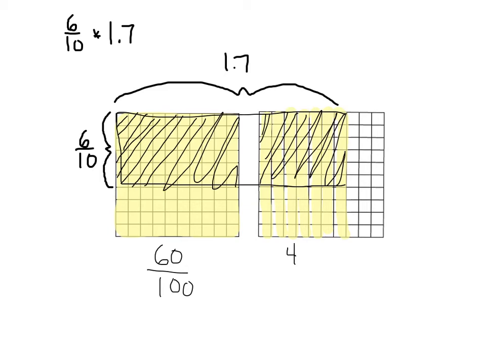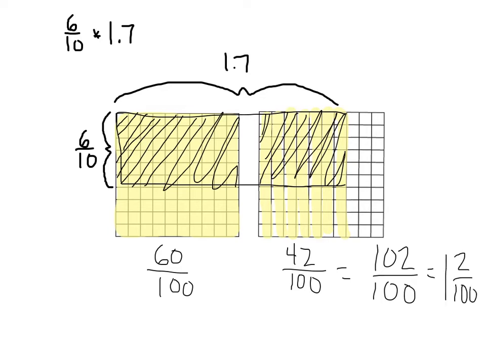So I have 42 hundredths over here, and 60 plus 42 is 102 hundredths, or 1 and 2 hundredths. And that's my answer.